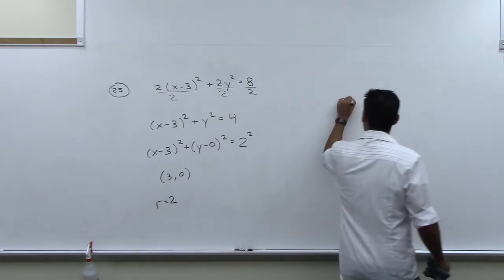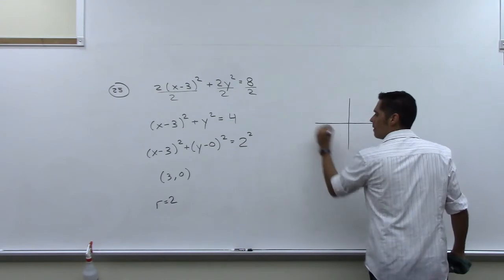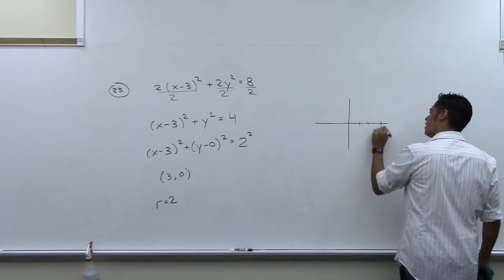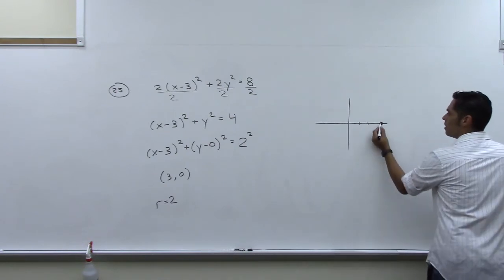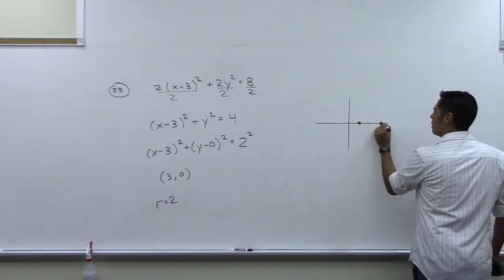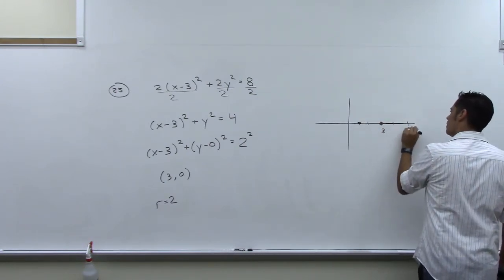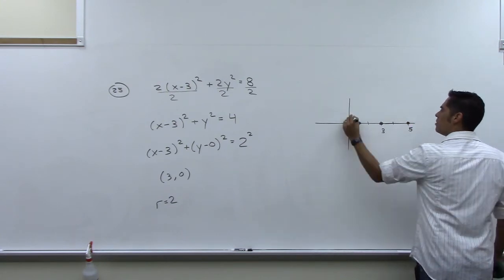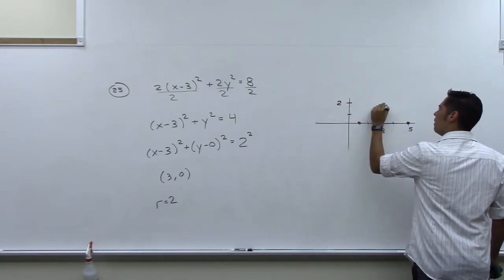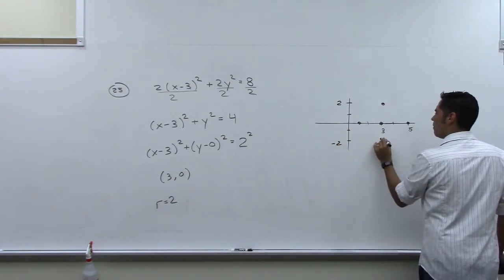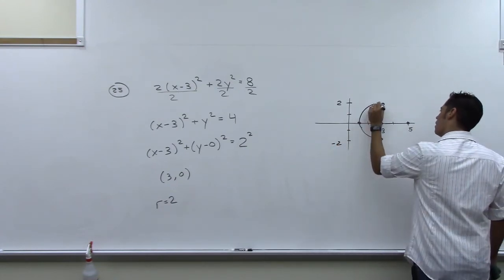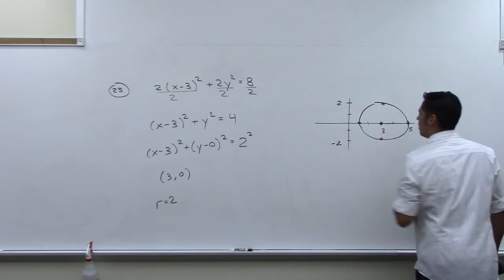So when I draw this, I'm centered at 1, 2, 3, 0. There's my center. A radius of 2 means I go to the left 2, go to the right 2, that's 5, go up 2, down 2, like that.